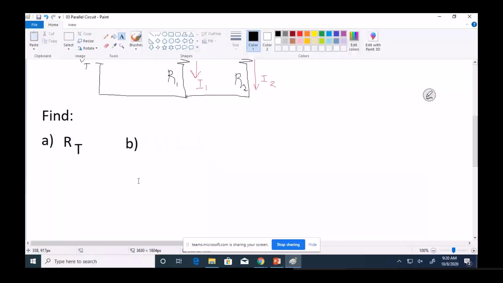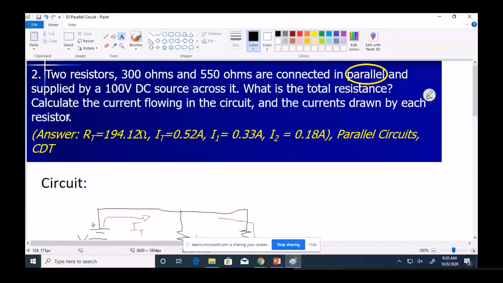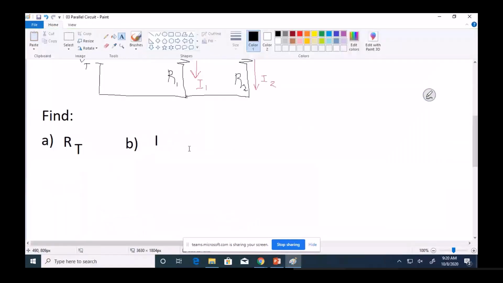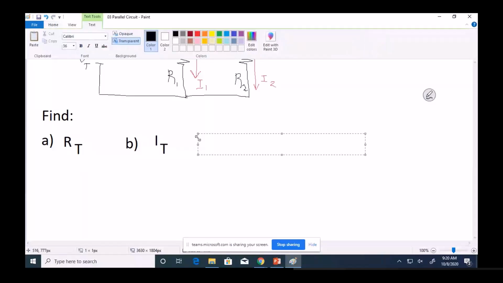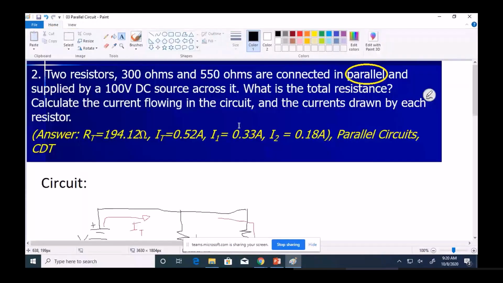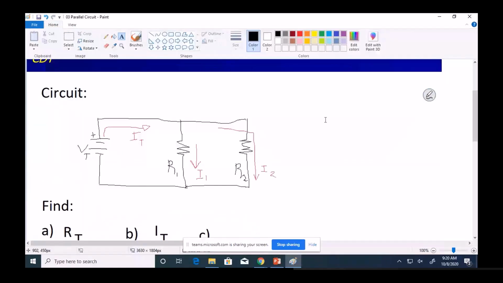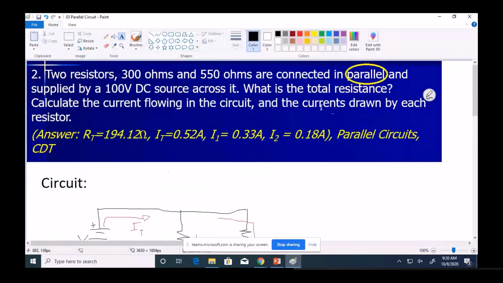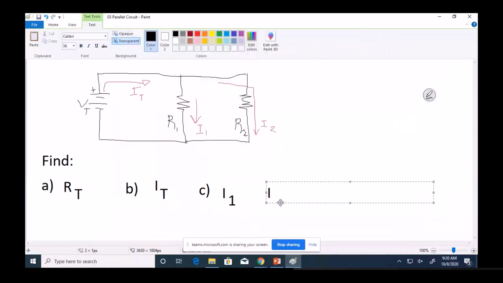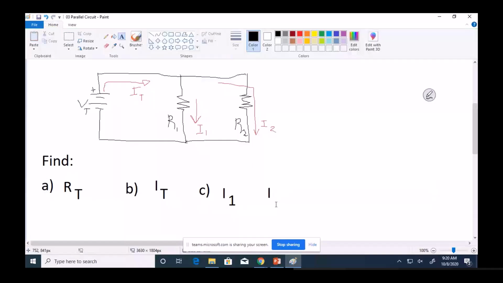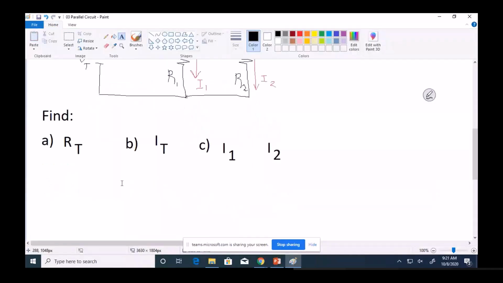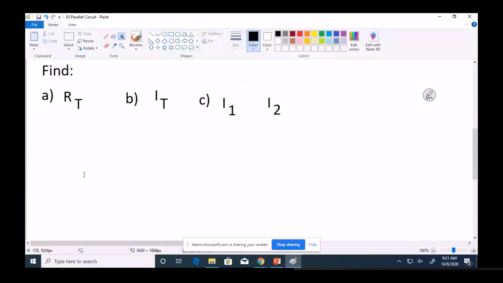Yes, current flowing in the circuit is the I total. And C is about the branch currents, the current drawn by every resistor. So I1 and I2. These are the problems we need to solve. So we will solve one by one.